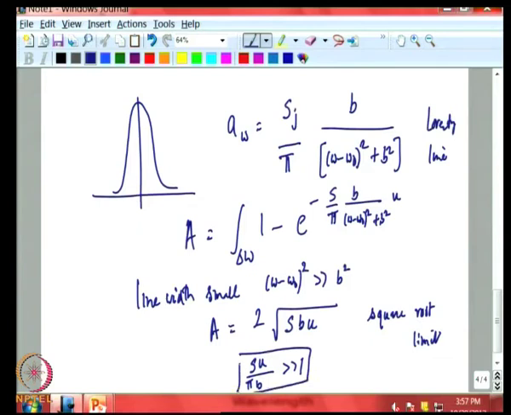So, under this condition, you have the square root limit, and so this is a useful information to have, that you can be in the linear limit if the path length is very, very small, or if the line width is very small, then you can be in the square root limit, and water vapor typically shows behavior which is equivalent to a square root limit.